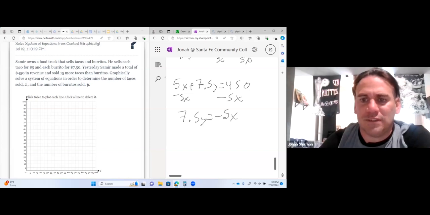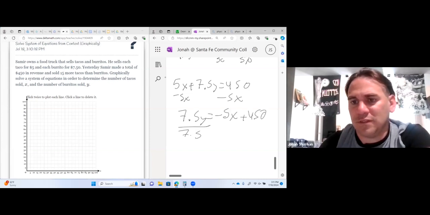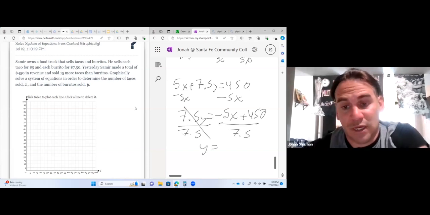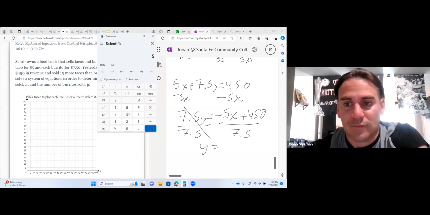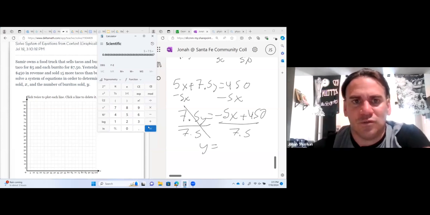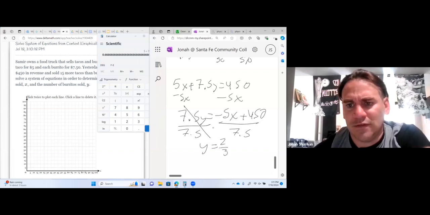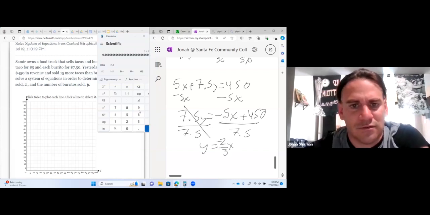We're dividing them by 7.5, divided by 7.5. y equals, I'm using the calculator, considering I made too many mistakes. So the first one is 60 and negative 2/3 x.